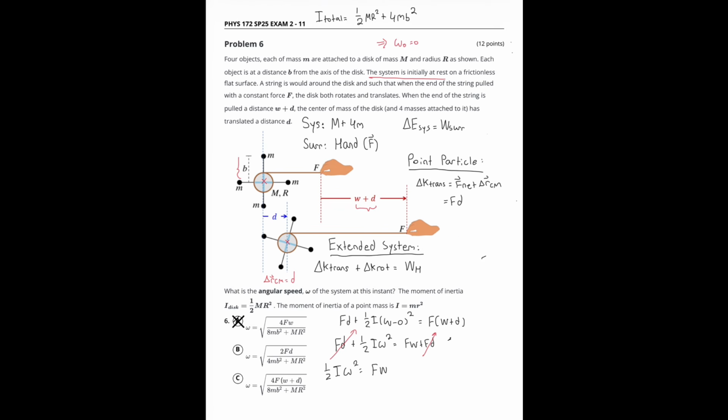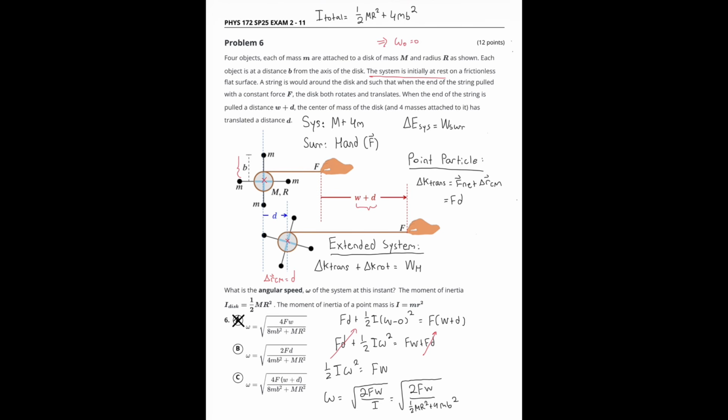And when we rearrange in terms of omega, we get that it's the square root of Fw divided by our inertia, which is equal to the square root of 2Fw over 1/2 mr squared plus 4mb squared.